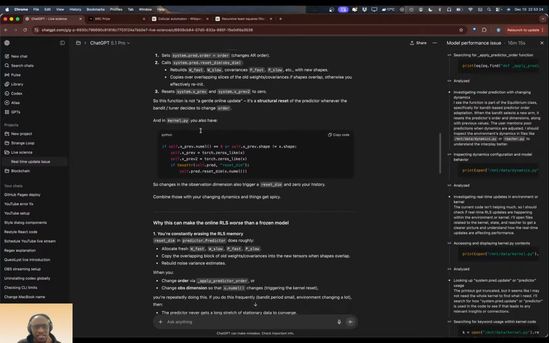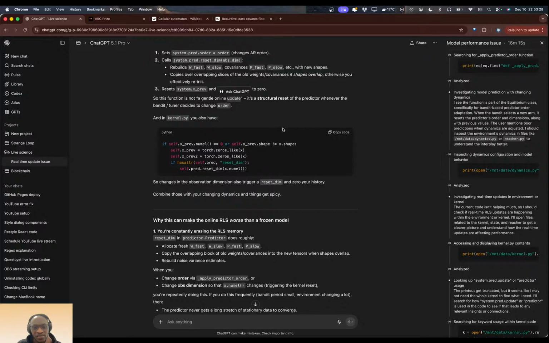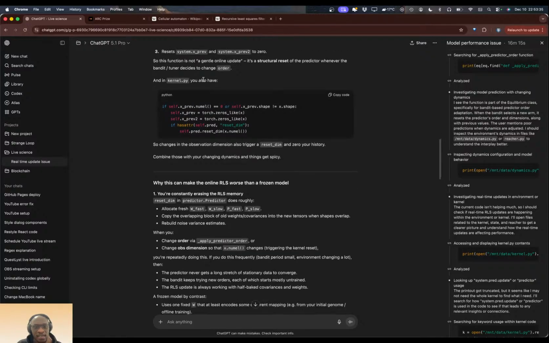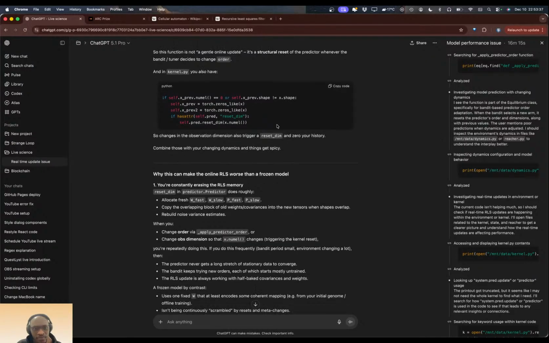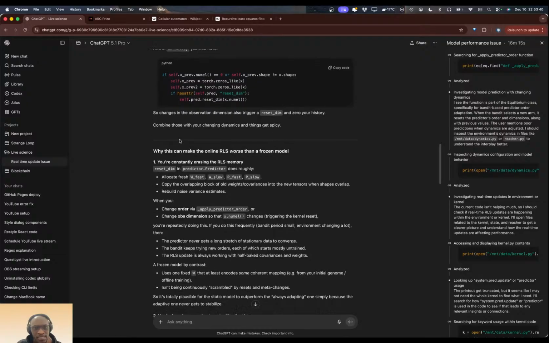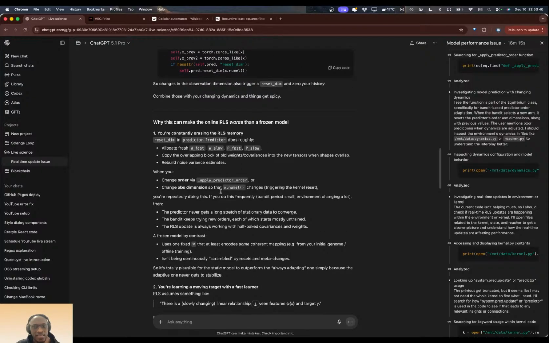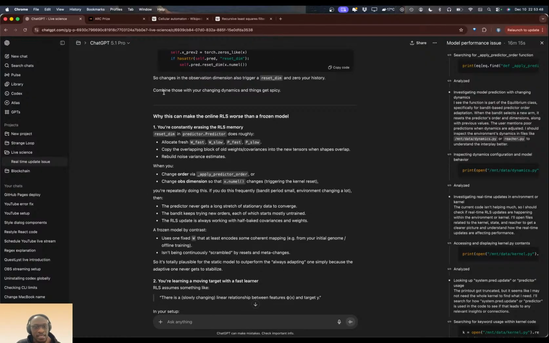So this function is not a gentle online update. It's a structural reset of the predictor whenever the bandit or tuner decides to change order. And in the kernel, you also do, yeah, that's true. So changes in the observation dimensions also trigger a reset and zero your history.